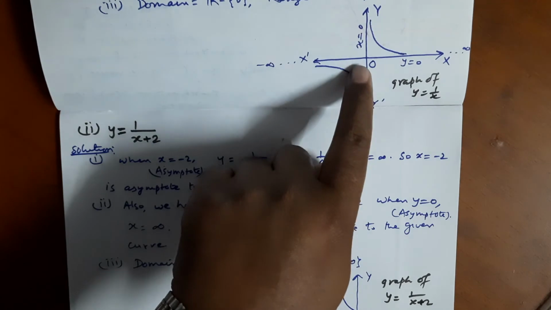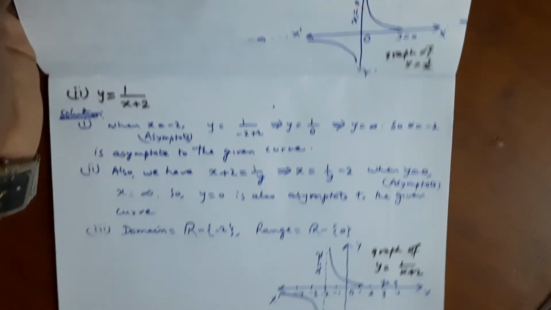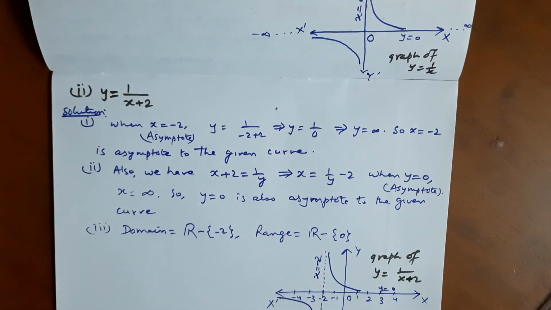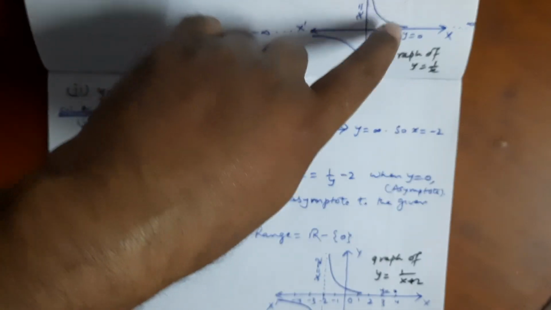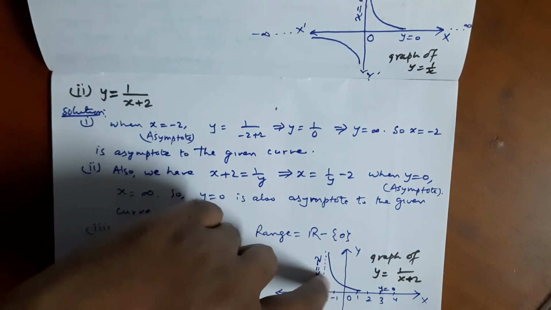Okay, so if you translate this graph 2 steps left, then we can get the graph of this next curve.